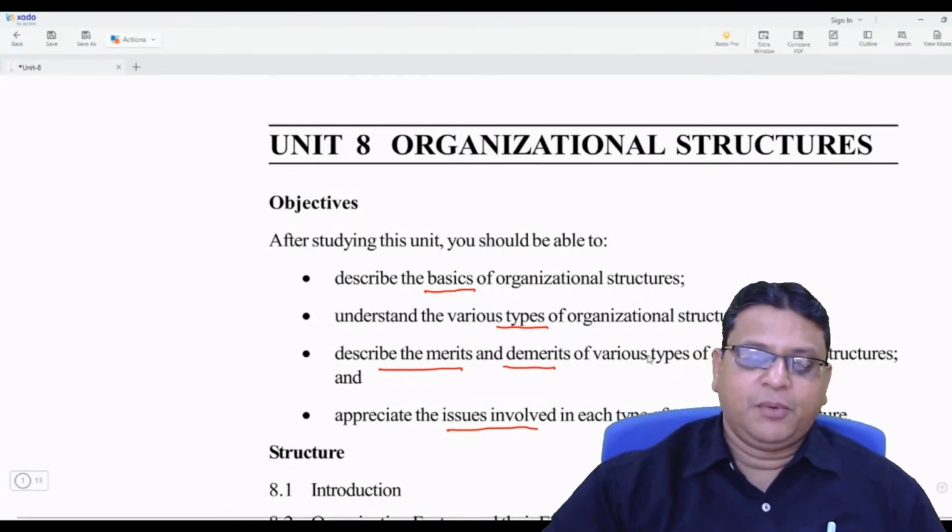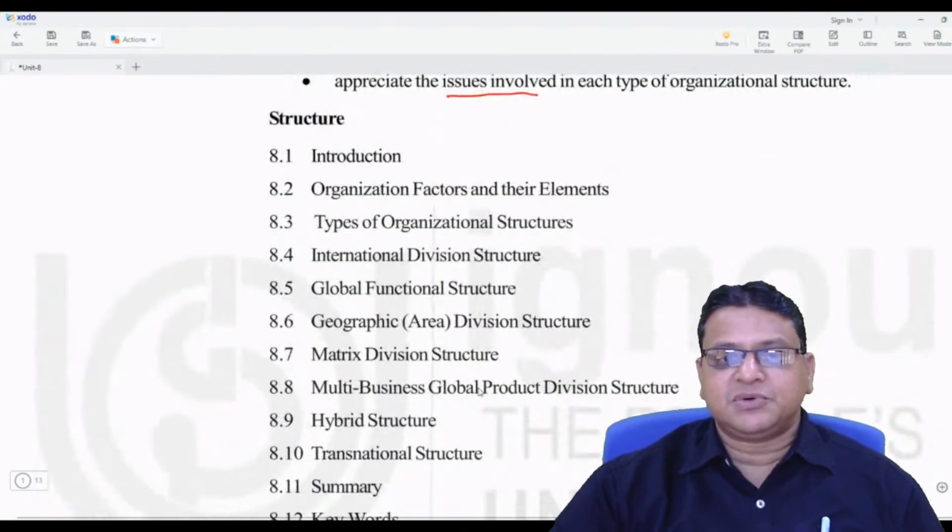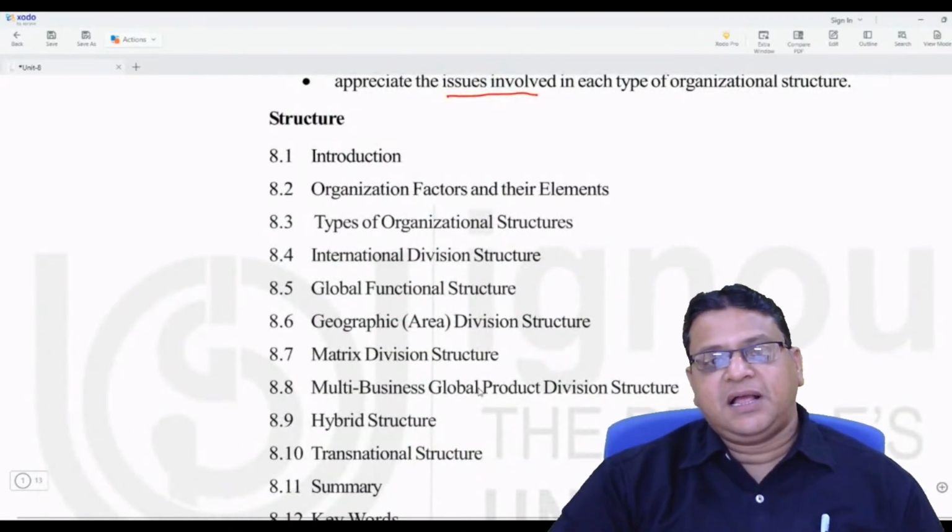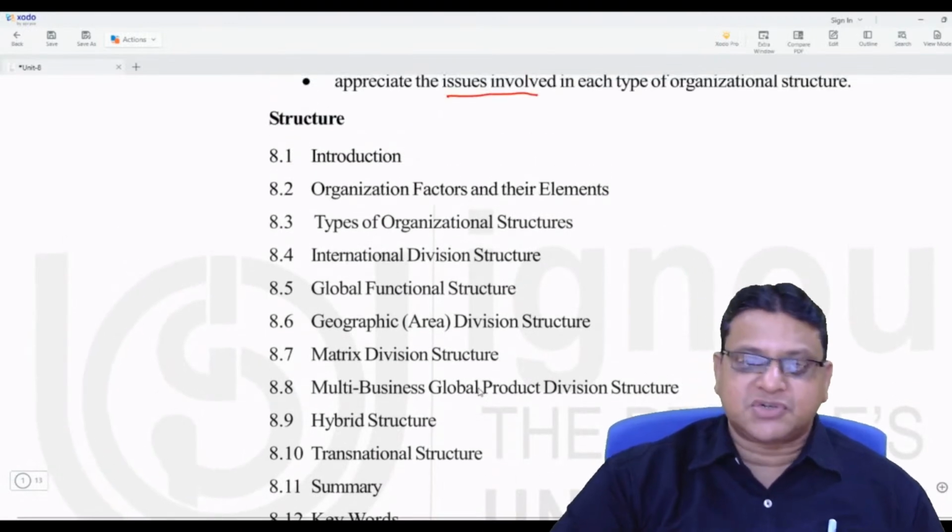What will be our scheme of discussion today? First, I will introduce the topic organizational structure.